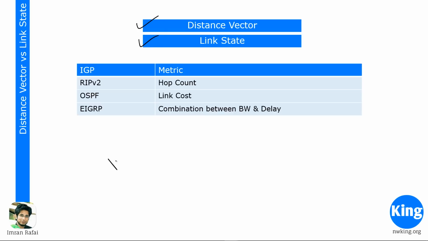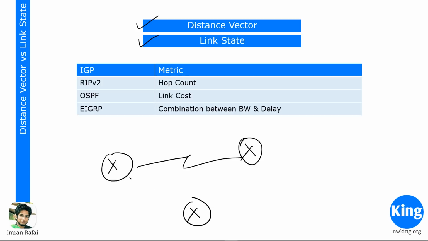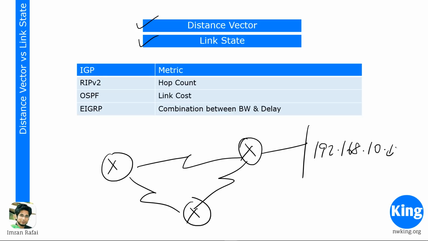Let's say for instance we have three routers, and they're connected with each other. Let's assume there is one network, 192.168.10.0/24. Now let's call them router A, router B, and router C.